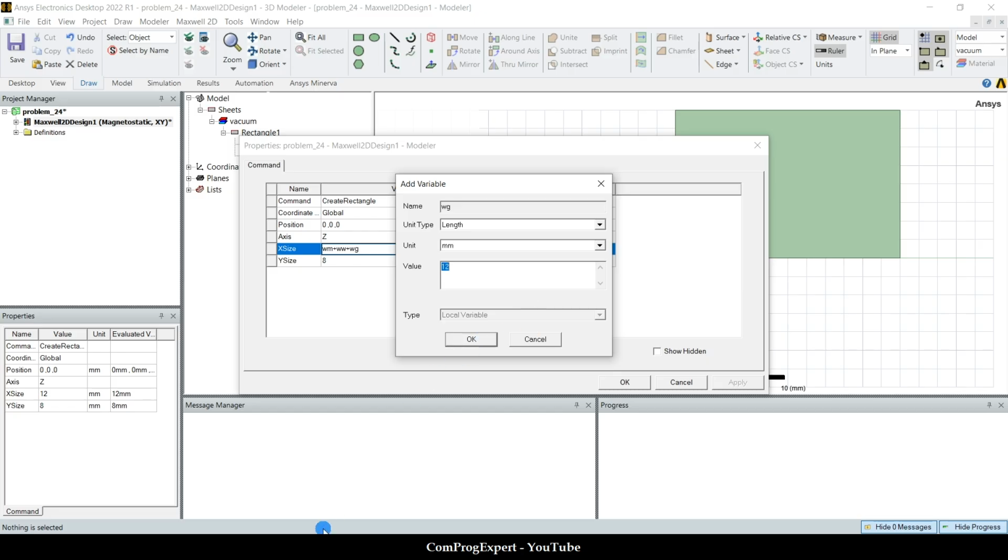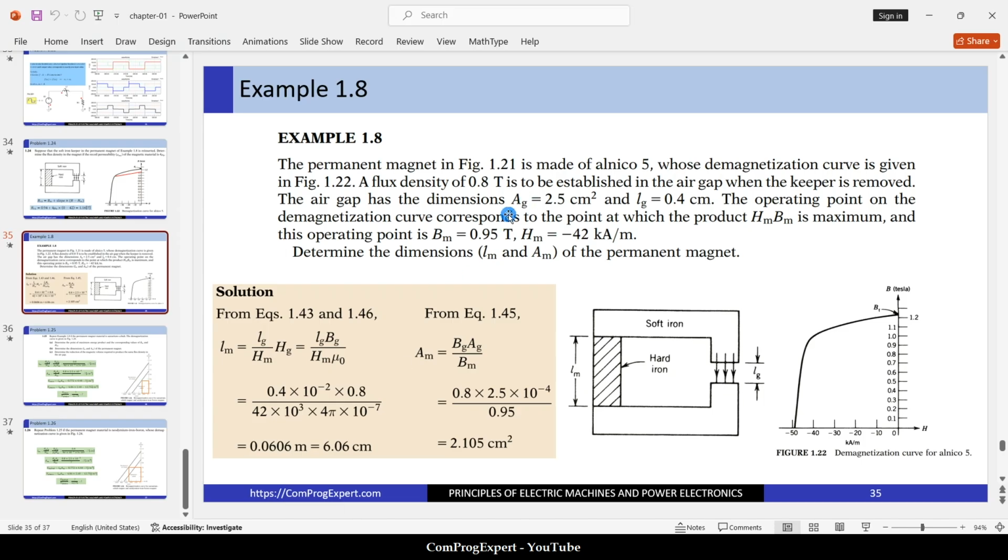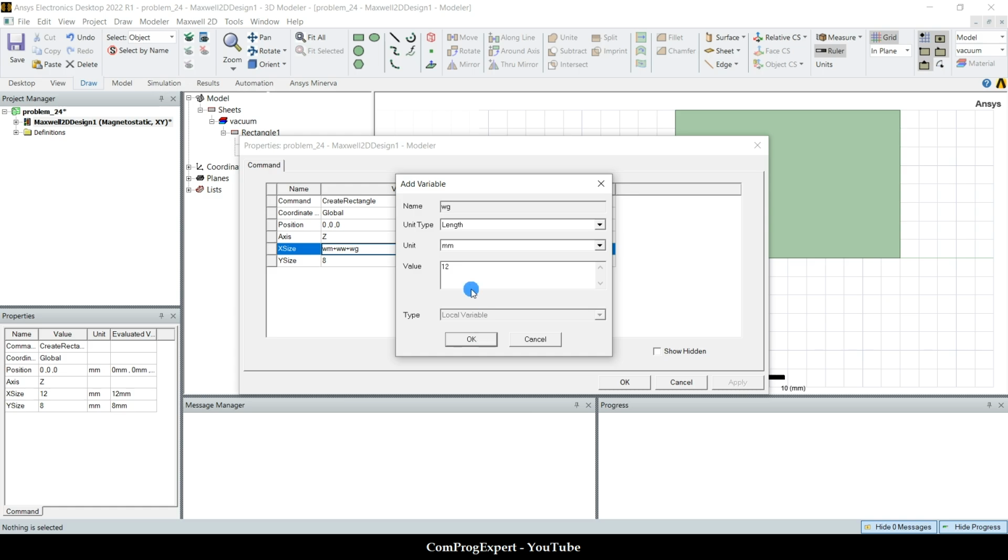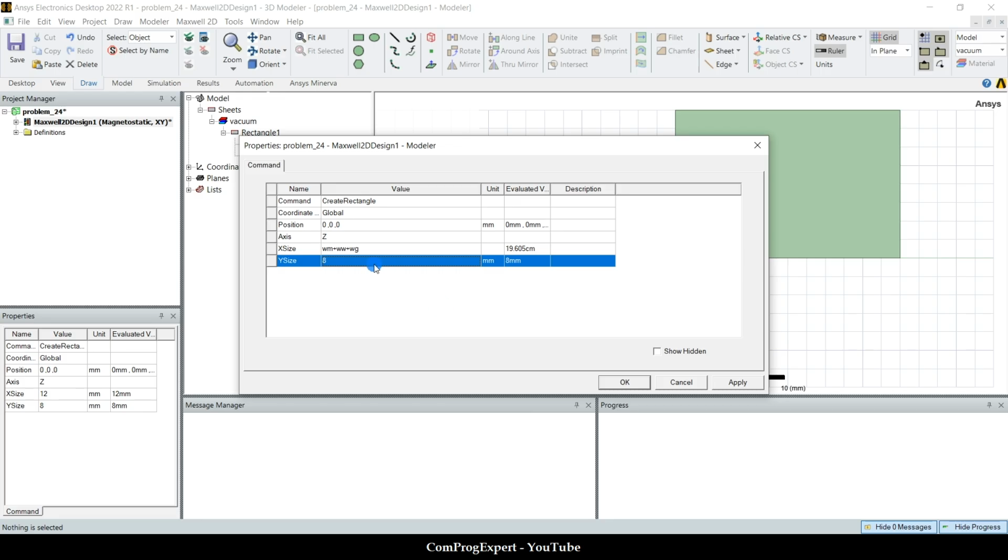And the area of the gap is 2.5. If we consider the depth of the problem equal to 1 centimeter, the width of the air gap will be 2.5 centimeter. So what about the y size?